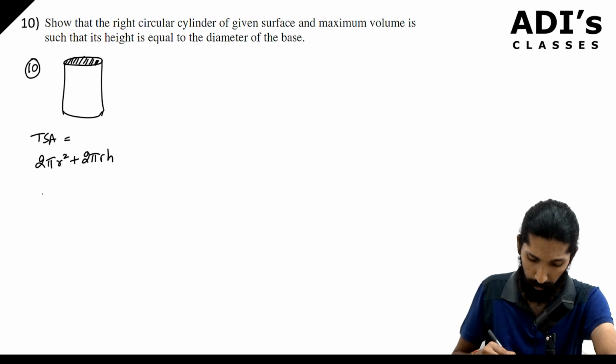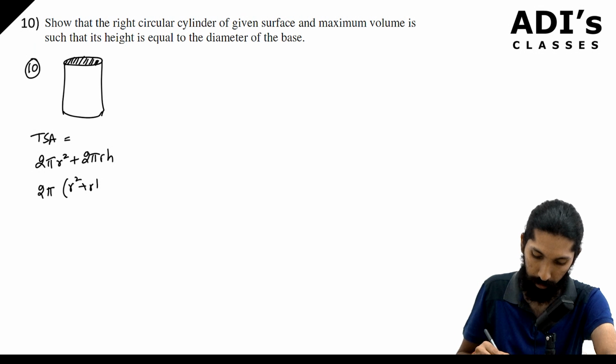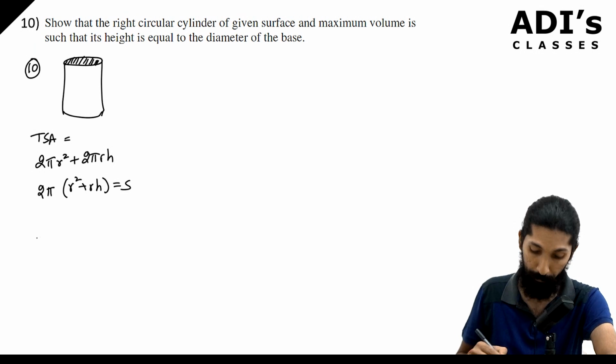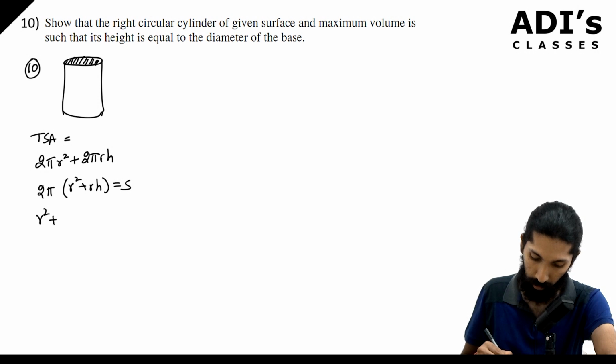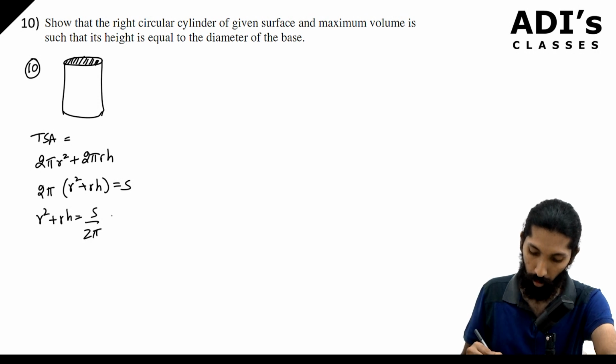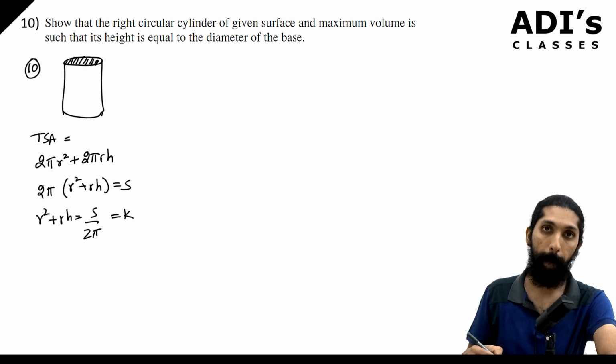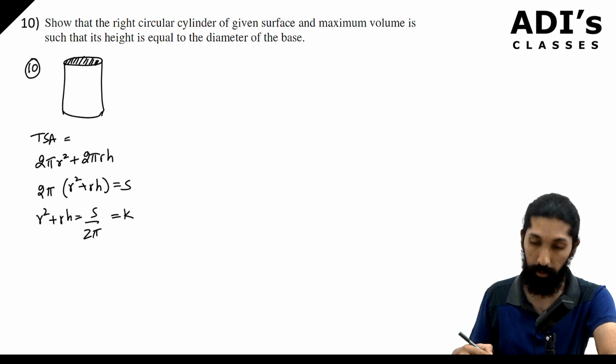Now what you do? Take 2 pi common. 2 pi into r square plus rh is equal to S, or r square plus rh is equal to S by 2 pi. Call it some constant k. So this is a constant value.